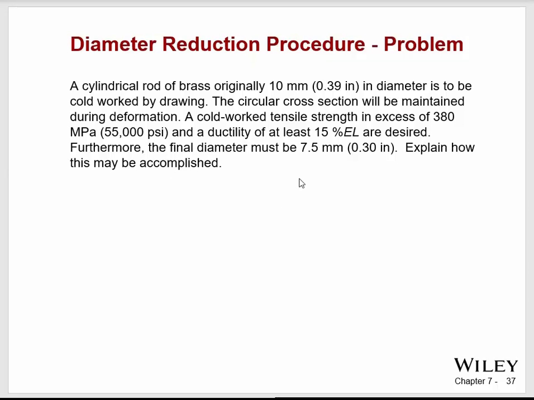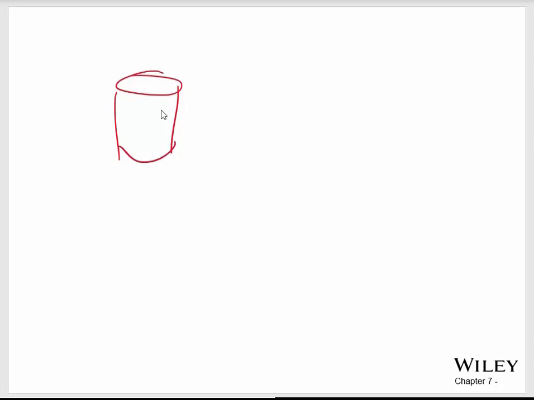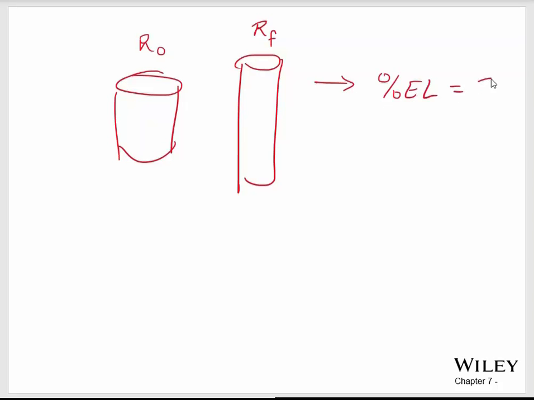Okay, now let's look at a problem to talk about the best way to go about matching up the specs that someone else has provided for you. If we took a cylindrical sample and we draw it out, like I said before, on our copper sample, when we decreased it from one initial radius to a final radius, we had reduced its percent elongation to 7%, which is quite low.